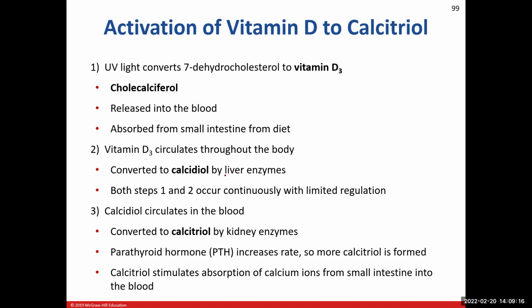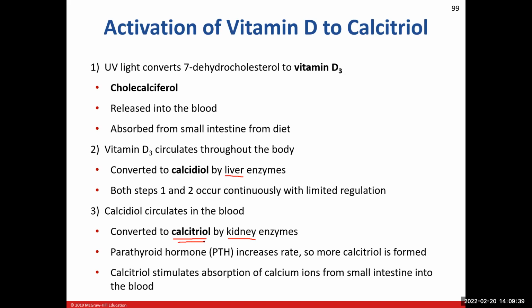It stops off in the liver and gets converted into calcidiol. And so then it cycles around throughout the body. Eventually, that calcidiol is going to wind up in the kidneys. And once it gets to the kidneys, then it gets converted into calcitriol. That is our active form of vitamin D.